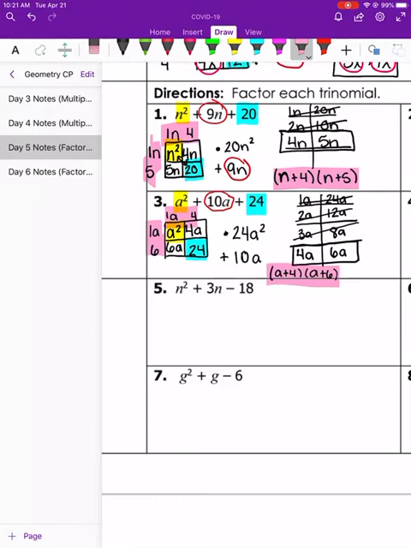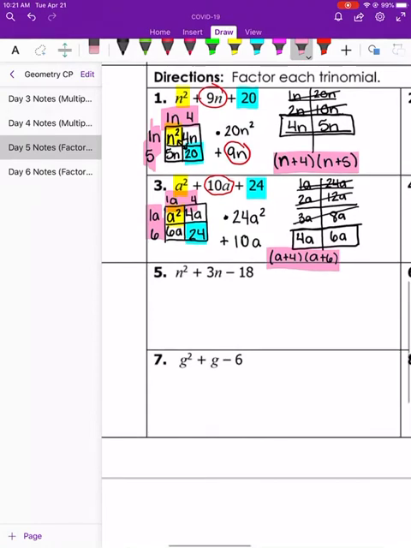Okay. So, on to number 5. We have a box. We'll do the exact same thing. So in my first one, we have the n squared, and in the second one, we have the negative 18, okay?